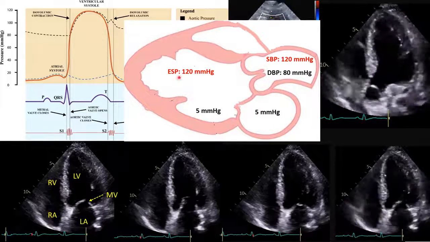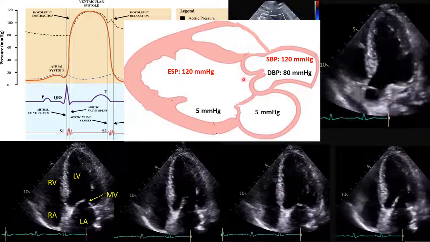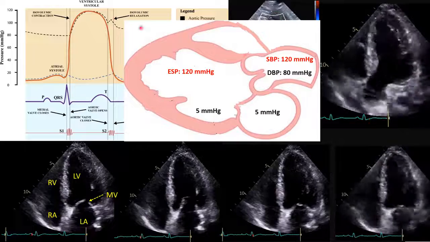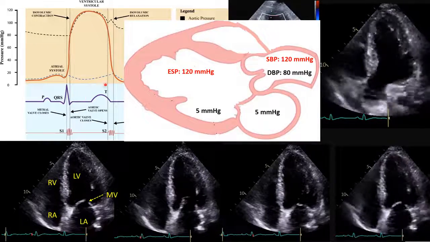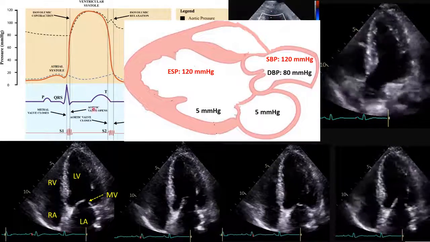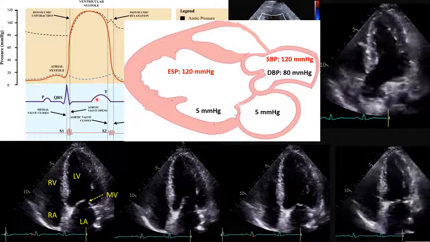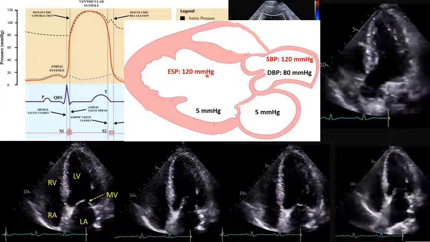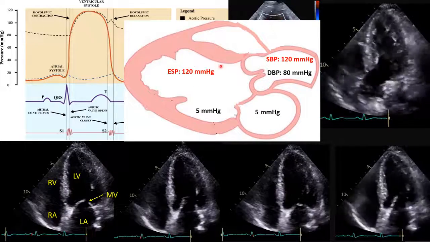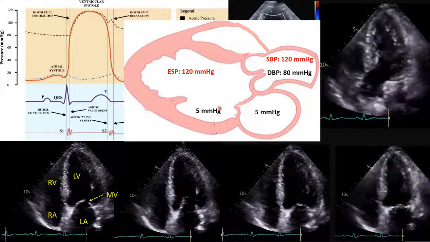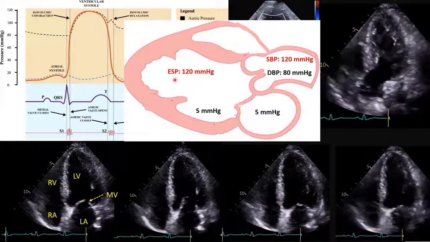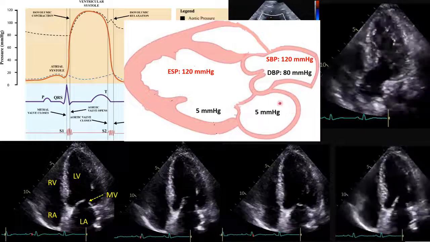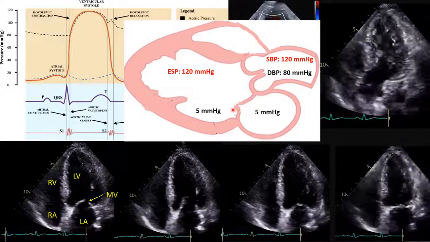So during diastole, in this moment of the cardiac cycle, the relaxation, which corresponds with the repolarization of the T wave, the pressure little by little decreases. This decrease doesn't change anything on the mitral valve until the pressure in the left ventricle goes below the left atrial pressure.